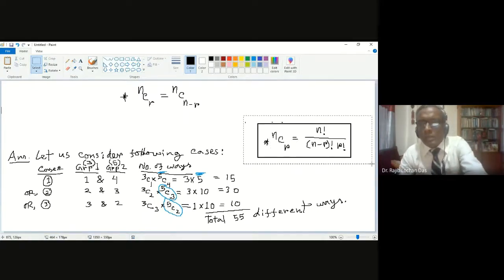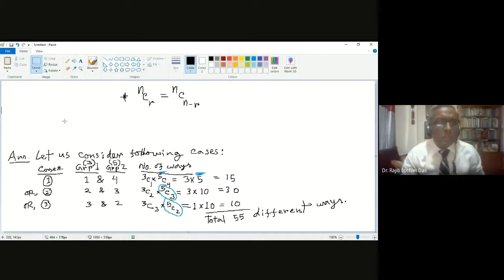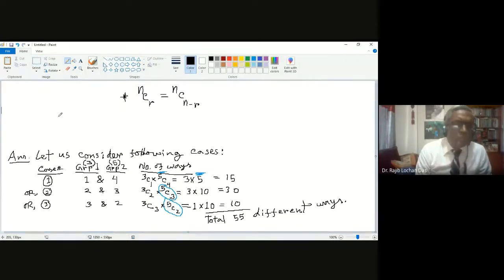Okay. So now I'm going to another thing. You already know that A plus B whole square formula and A minus B whole square formula, right? Everyone knows that. So if you think about the A plus B formula, you will see there are three terms: A square, then 2AB, then B square.